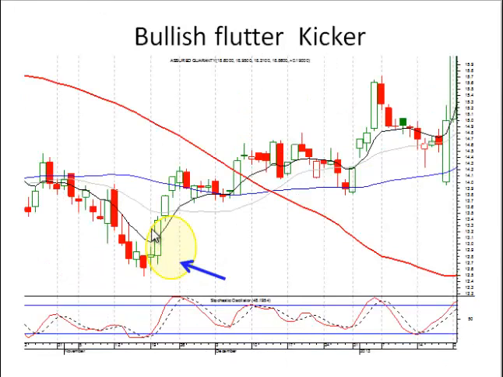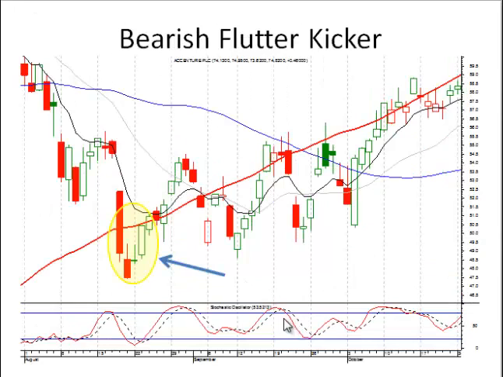And the result of a kicker or flutter kicker is going to be the same as a kicker signal. You should anticipate there's going to be a good strong uptrend after that signal formation. So not only does it represent that the downtrend has stopped, but it also gives the day trader a very high probability trade.